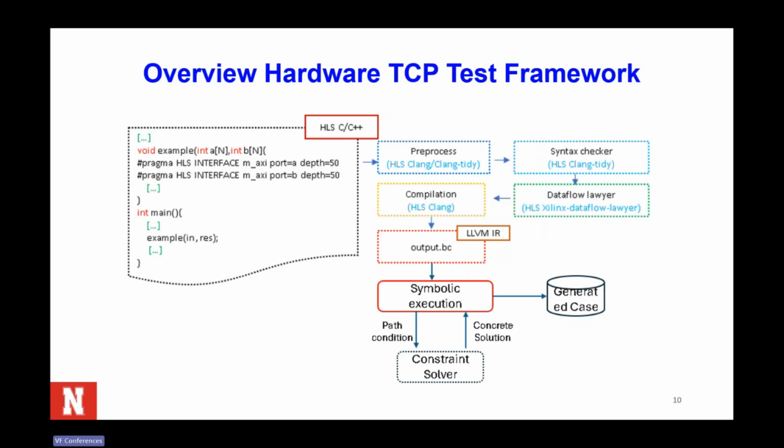Next, we use the Clang compiler on the source code, because the source code is based on C and C++. The Clang compiler will compile the source code and transfer it to intermediate files. We use KLEE to analyze the intermediate files to generate the test cases.